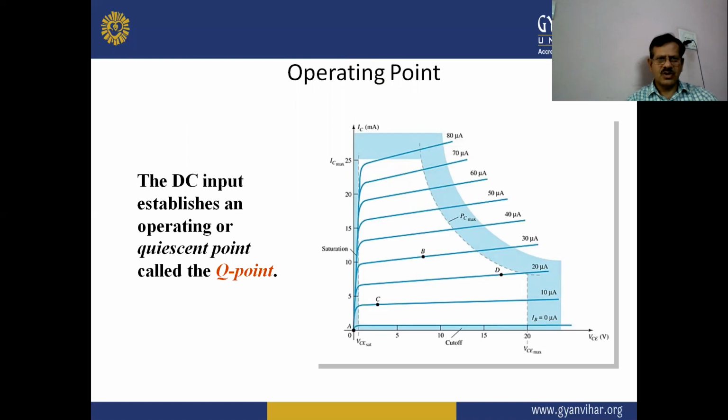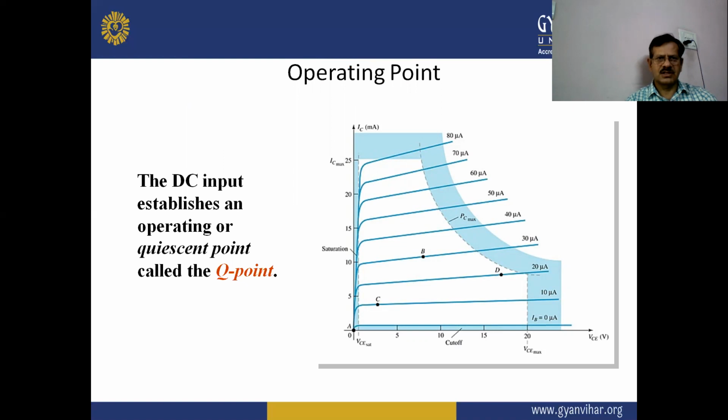The DC input establishes an operating or quiescent point called the Q point. So to establish the operating point, DC supply or DC biasing is necessary.